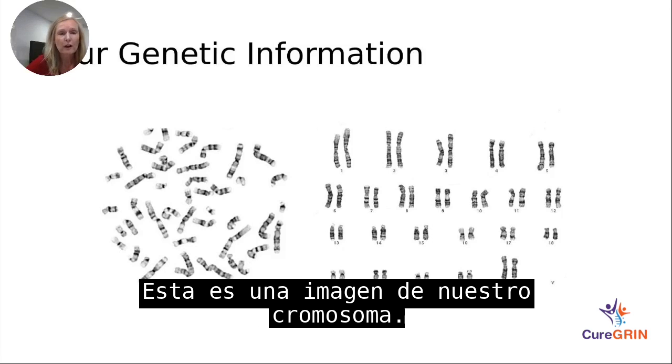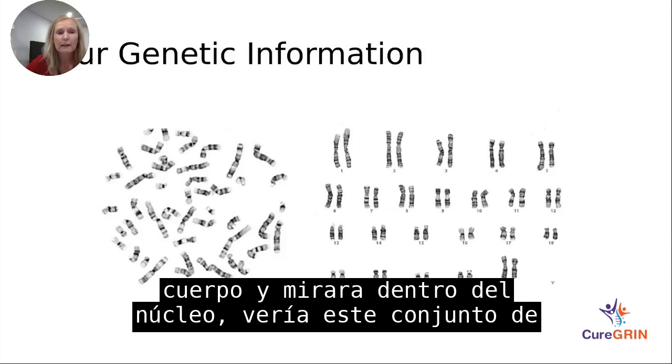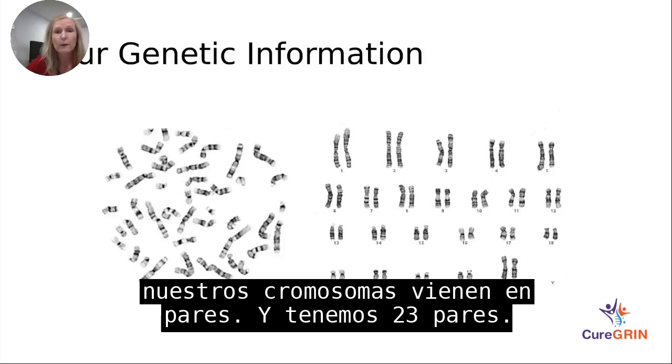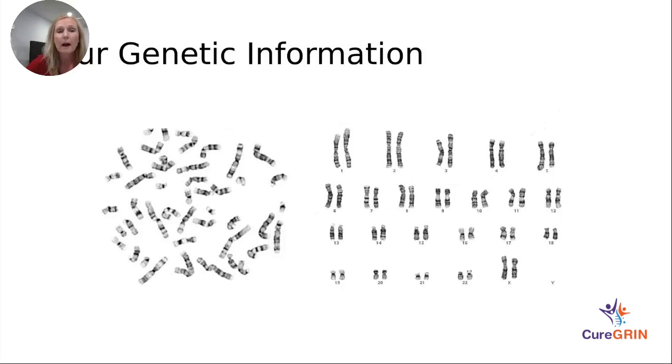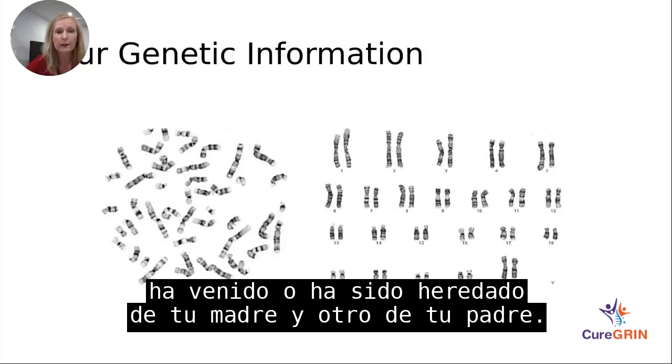So this picture here may bring you back to high school biology. This is a picture of our chromosomes. If you peered inside any one cell in your body and looked inside the nucleus, you would see this set of chromosomes. What's important to see here is that our chromosomes come in pairs, and we have 23 pairs. For each set, because there's two, you have one that has been inherited from your mother and one from your father.